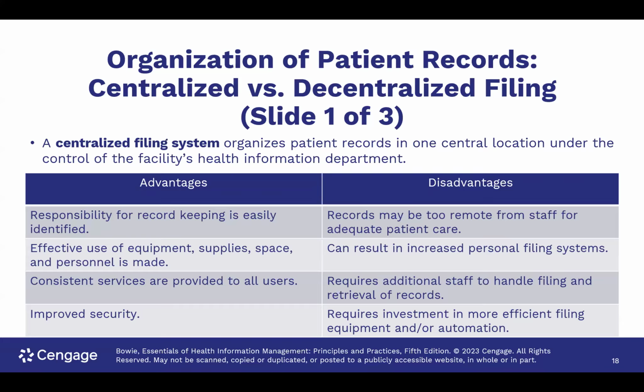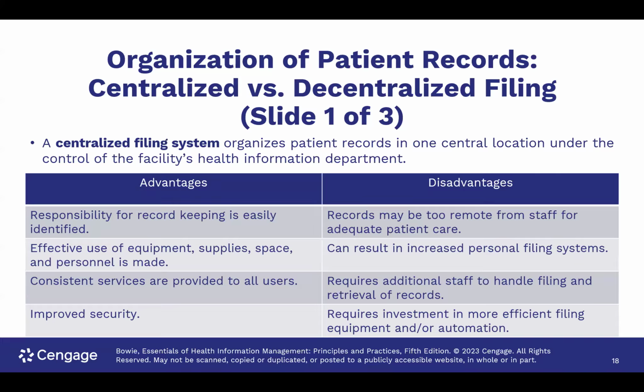Some disadvantages. The records may be far away from the patient care location. That is a little bit of a problem. And then it can result in increased personal filing systems. So in ophthalmology, for instance, they had what they called their own shadow filing system at Stanford.